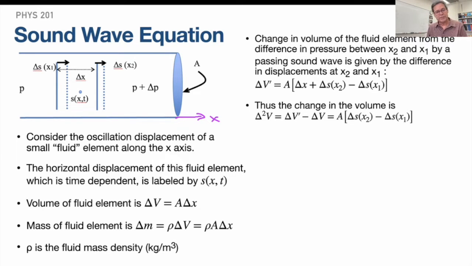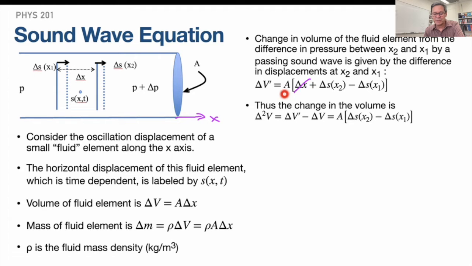And so the change in the volume size would be this delta V prime minus the original delta V, which means I'm going to subtract off this A delta X. So I had an A delta X in my delta V prime expression, and that's going to subtract off with the A delta X from earlier. And so the change in volume, delta V prime minus delta V, I'm going to give that a change of delta of the delta V, so that's delta squared, so doubly small if you like, or the product small.